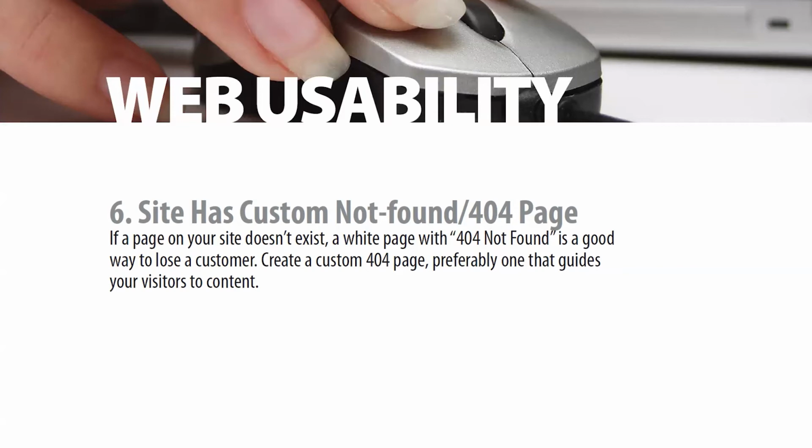So instead of having this white screen that just has 404 on it, you can customize those particular pages to say things like, oops, sorry, our page is now gone. Here are some alternate options that you can actually go to. So you can direct somebody to it.